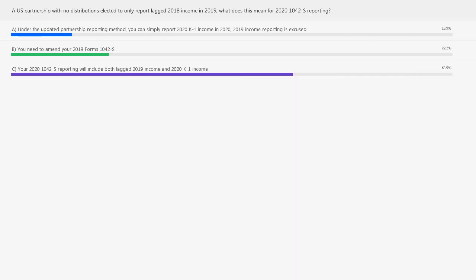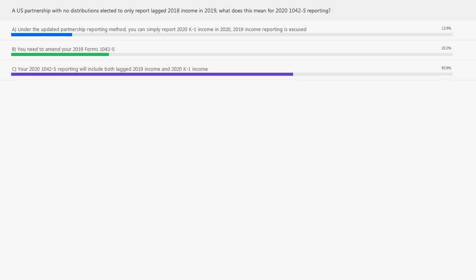So the majority of people did get this right. Ultimately, the first year you get off the lag method, it's pretty messy because you're including your prior year lagged income and your current year income both on the same 1042S, which I would recommend a notice to your partners receiving this, to say why it looks quite off from the K1 they're receiving.